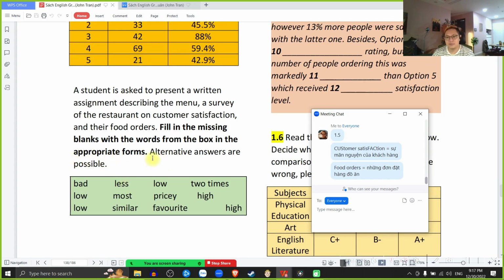Alternative answers are possible. Any form you can think of, okay?